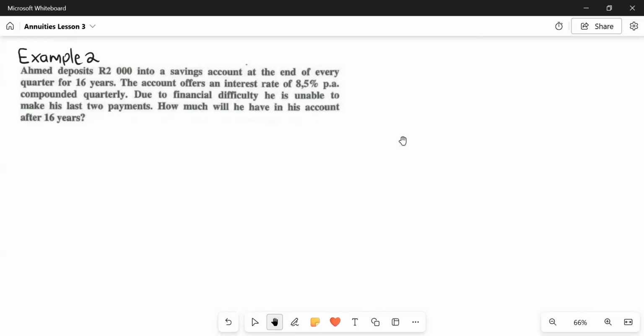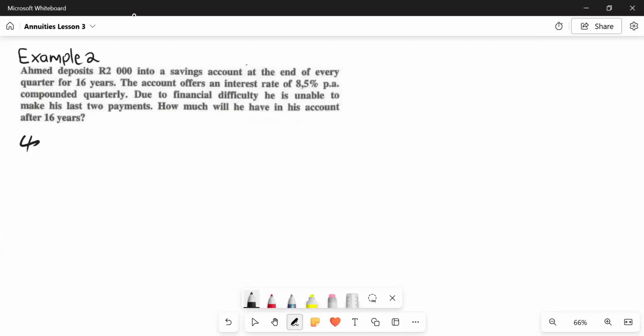Okay. Ahmed deposits 2,000 into a savings account at the end of every quarter for 16 years. Okay, cool. Quarter. So for quarterly, we use 4, right? We use 4. And the number of deposits, how many deposits did this person make, right?